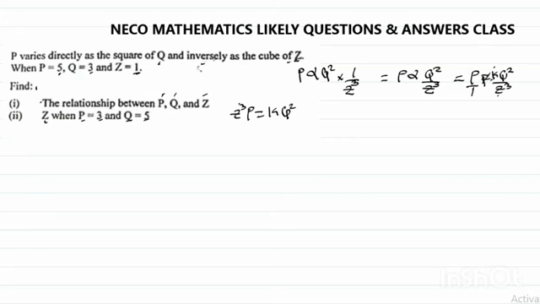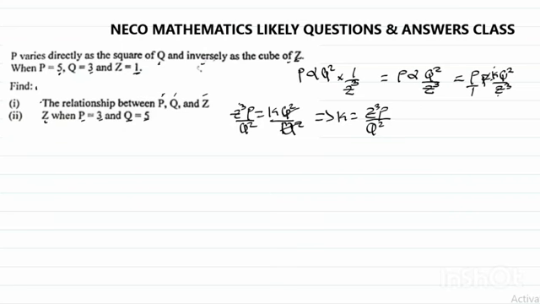To make K the subject, you divide both sides by Q squared. So we have K equal to Z with power of 3 multiplied by P, divided by Q squared.